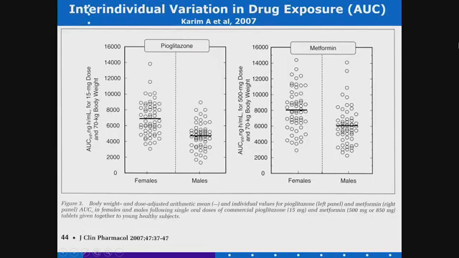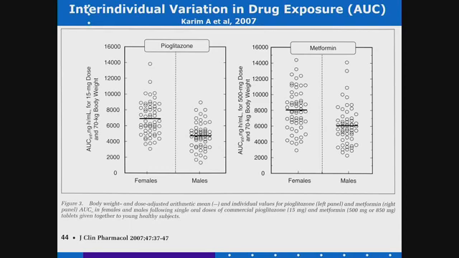And this is an example looking at the exposure to two anti-diabetic drugs, pioglitazone on the left side of the slide and metformin on the right-hand side. And we're looking at drug exposure in terms of the area under the plasma concentration versus time curve.